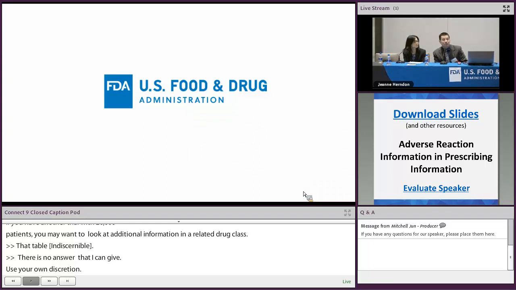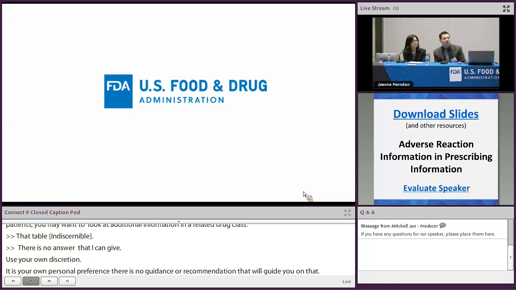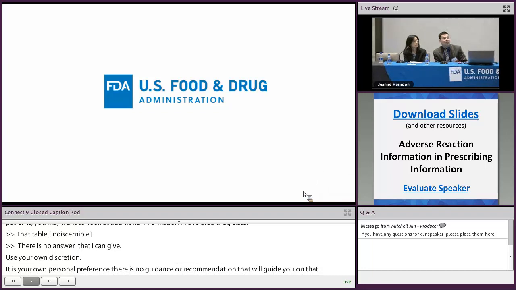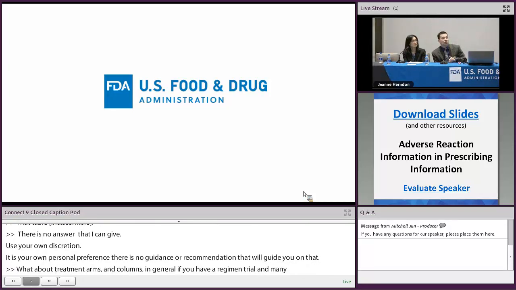One suggestion for a related issue in terms of ordering treatment arms in columns. In general, if you have a regimen or a trial with many dosages, we recommend ordering it in order of lowest to highest. For example, placebo, low dose, medium dose, high dosage.